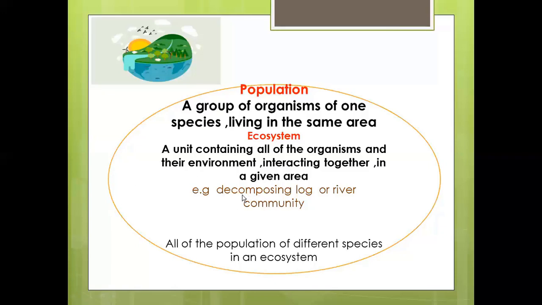Example for this point, a decomposing log and a river community. And you must focus on this point, populations of different species in an ecosystem. Different species, as explained before, maybe plants, maybe animals, found in the same area at the same place.